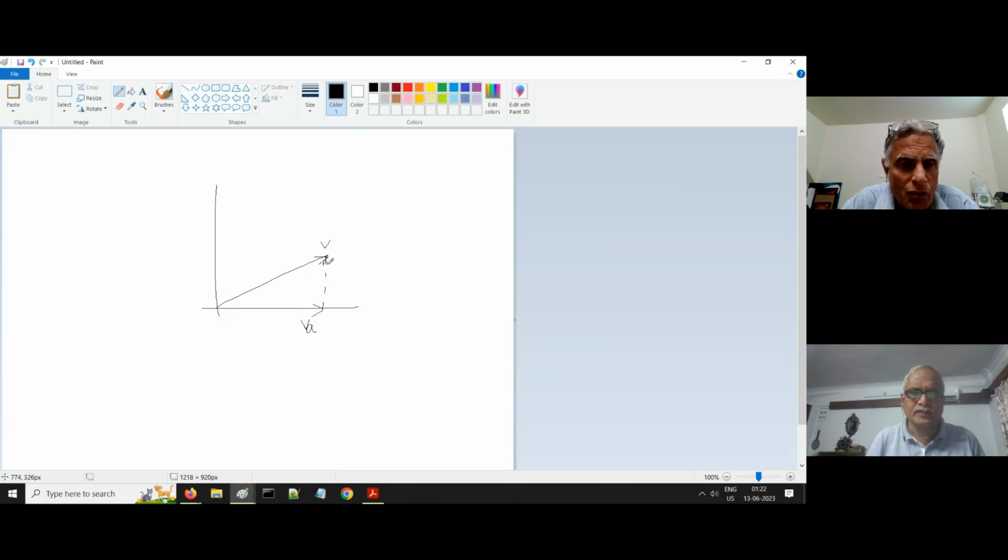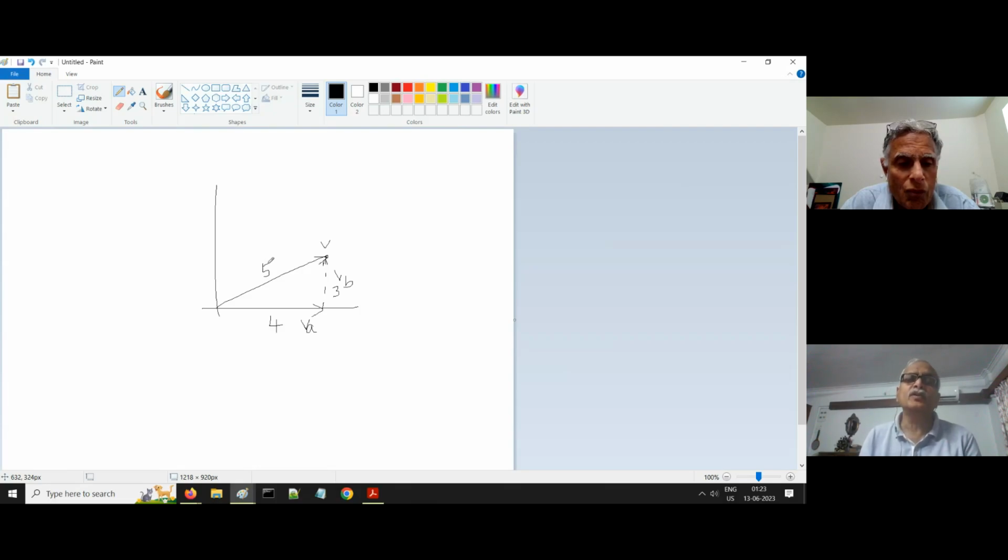Let's say the magnitude of this is 4 and this magnitude is 3, and I can calculate the magnitude of v. Obviously it will be the square root of 4 squared plus 3 squared, that is the square root of 25, so this will be equal to 5. That is the magnitude.